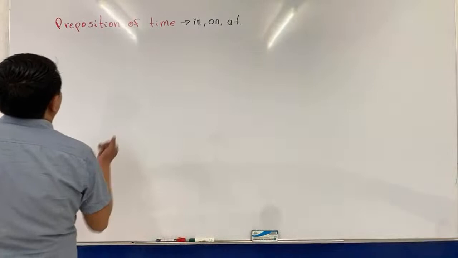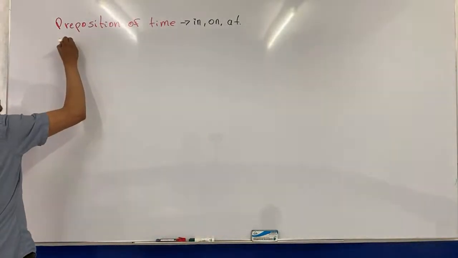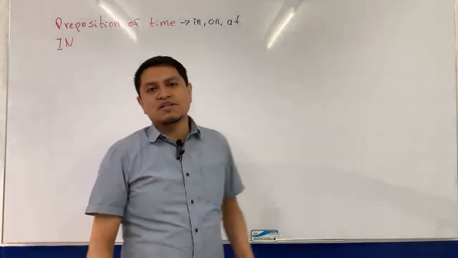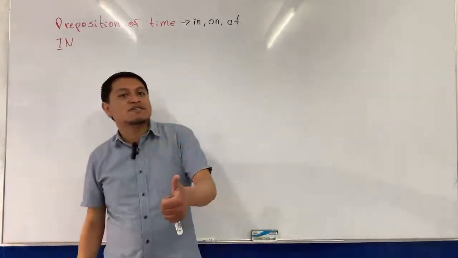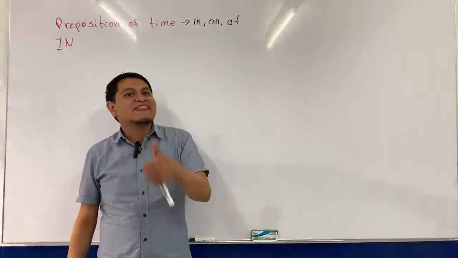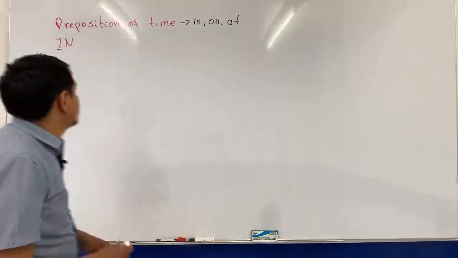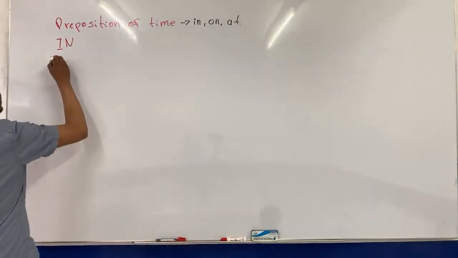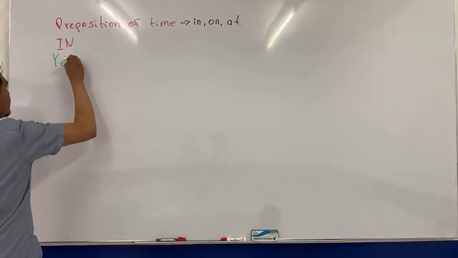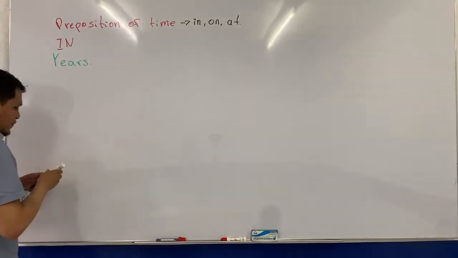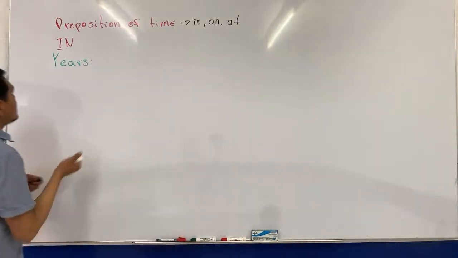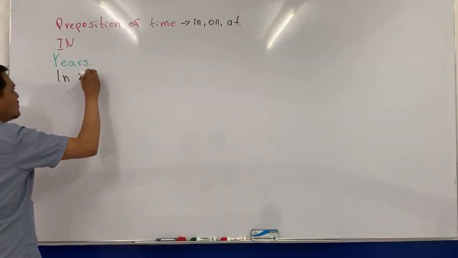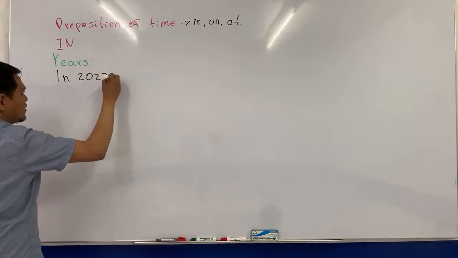This is the first word, in. What words do we use this with? For example, the years. Years is the first. For example, in 2023, right?